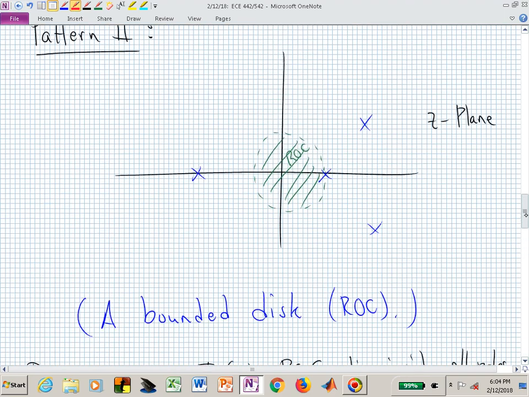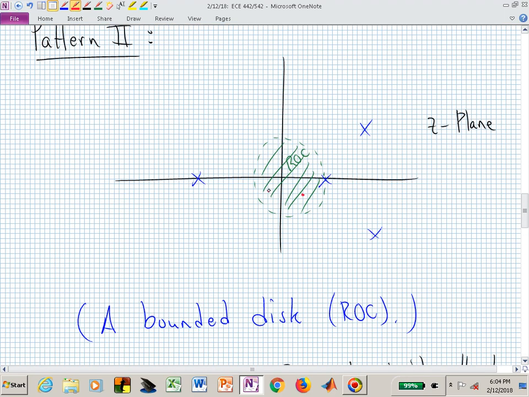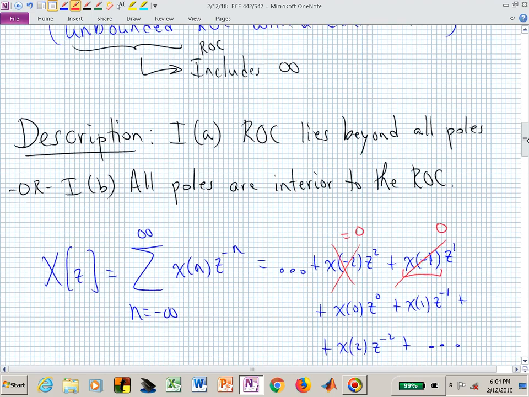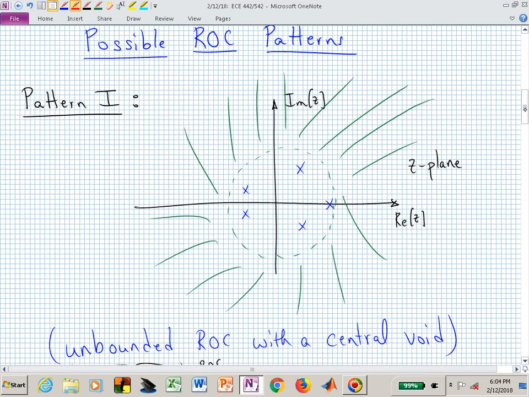Likewise, this region of convergence is connected. You don't have to exit the region of convergence to get from red dot 1 to red dot 2. And likewise in pattern number 1, you can go from there to there, always staying in the region of convergence. So the region of convergence is a connected region in the complex z-plane.